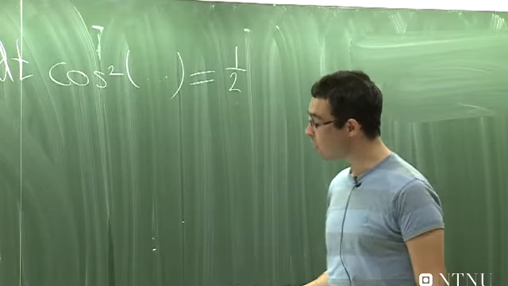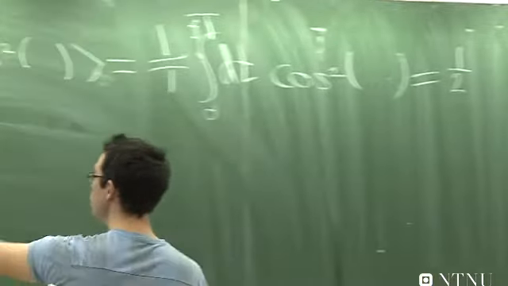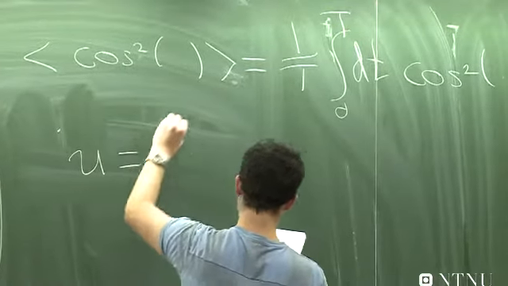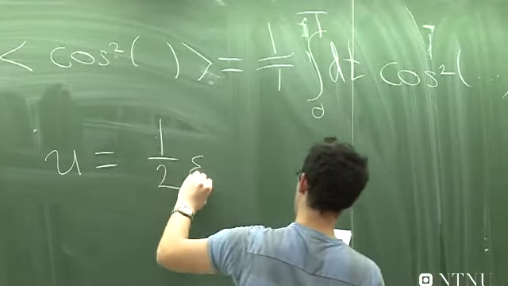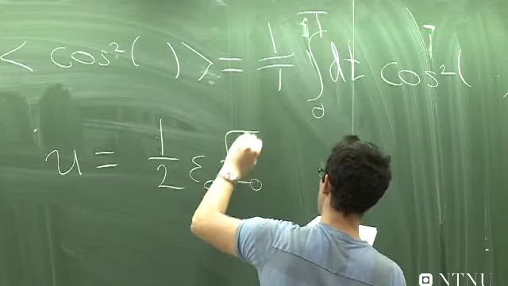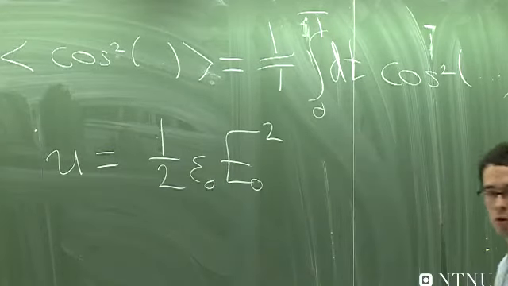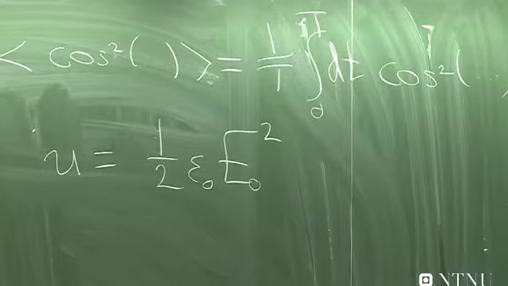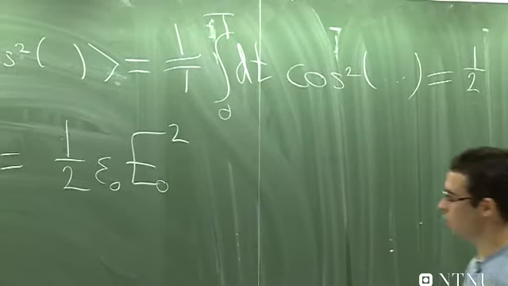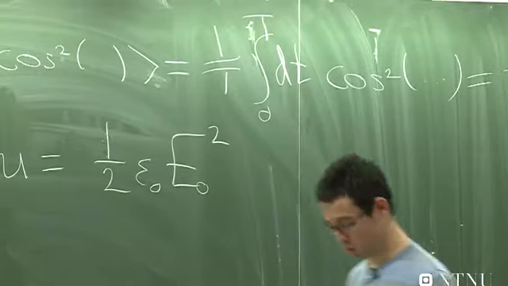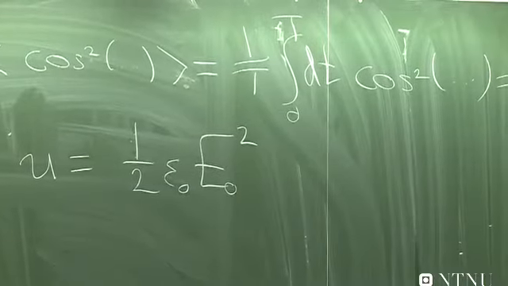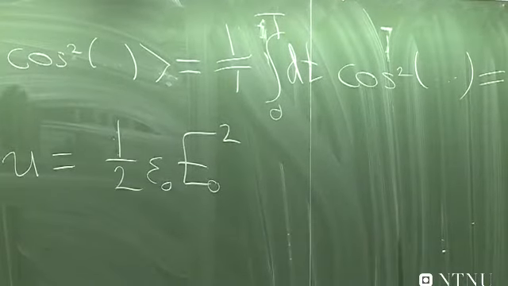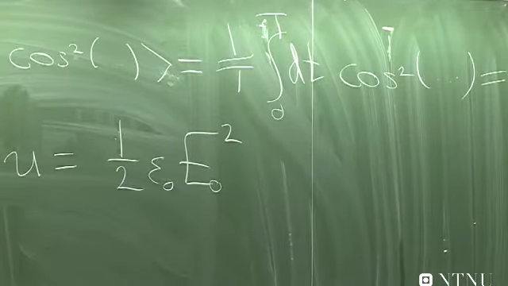And now we see that u is equal to half epsilon 0 E0, where E0 is the maximum amplitude, but well, it's not the maximum amplitude that goes into the energy density, it's half the maximum amplitude square.